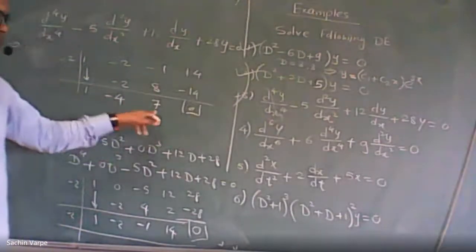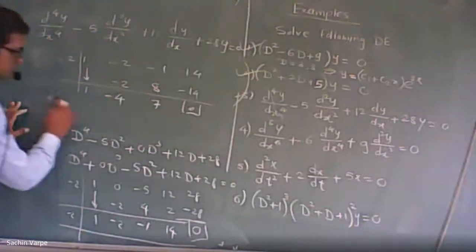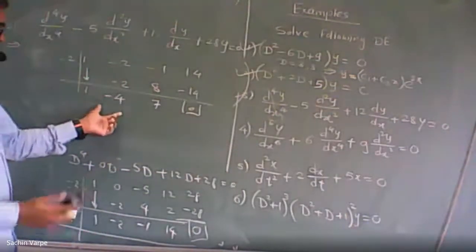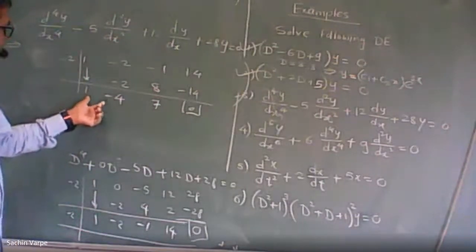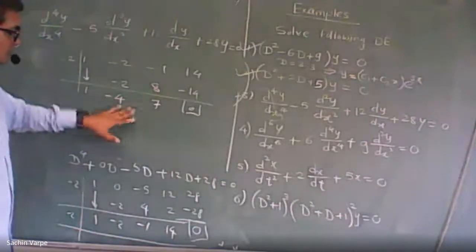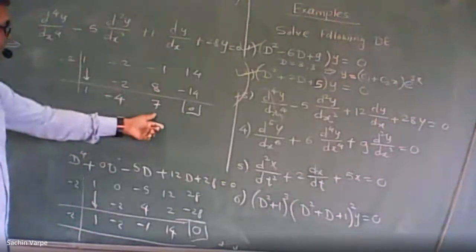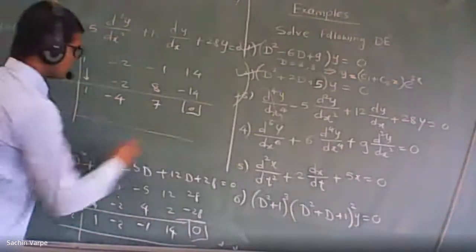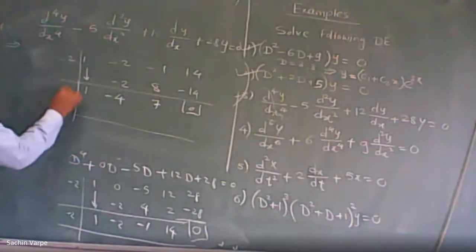Again, we check those tricks. 1 minus 4 is minus 3 plus 7, that is not 0 again. 1 plus 7 is 8, again not. Is minus 2 a root again, or 2? Let us check minus 2.